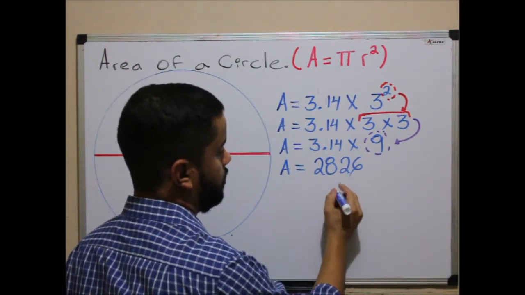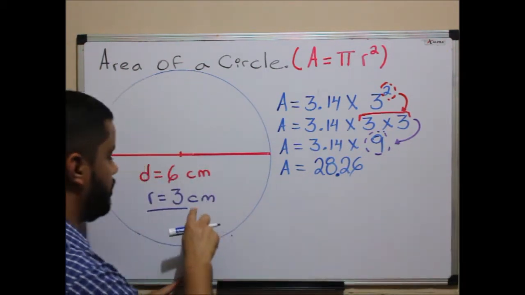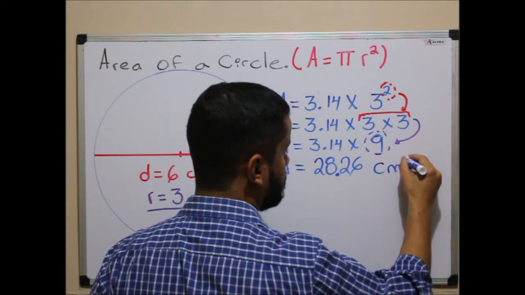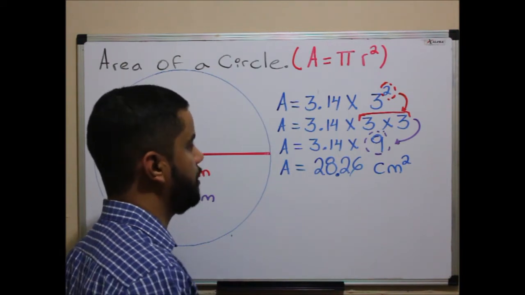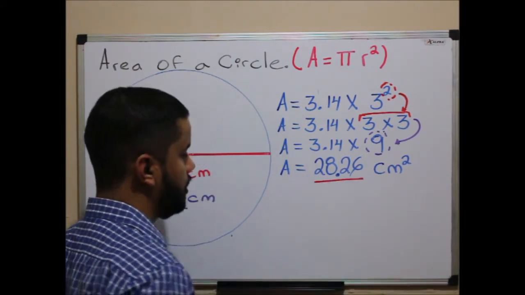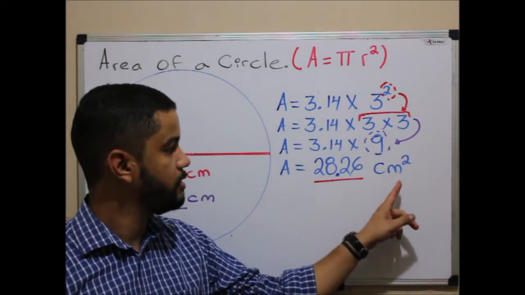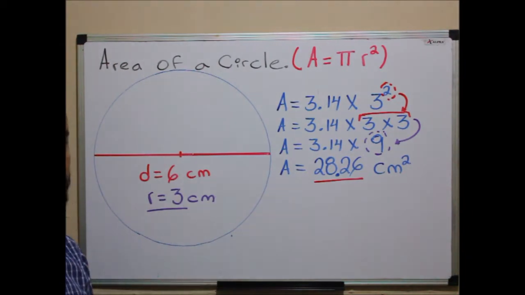So 1, 2, we place the decimal point, and our unit is centimeters, so we write centimeters squared. Our area is 28.26 centimeters squared for this circle.